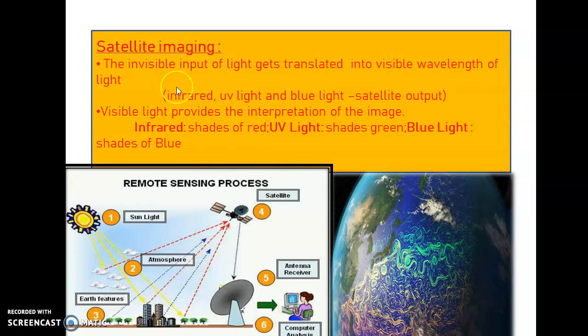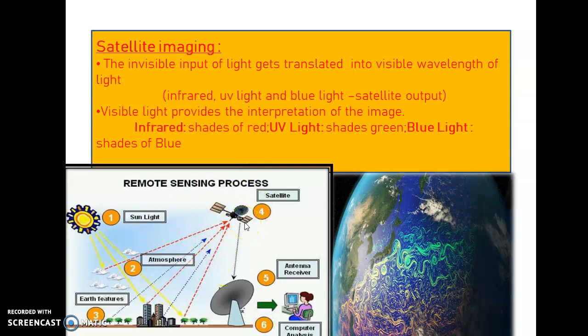Here the reflected light generally consists of invisible light rays, and these invisible light rays are translated into visible wavelengths of light by means of this satellite.